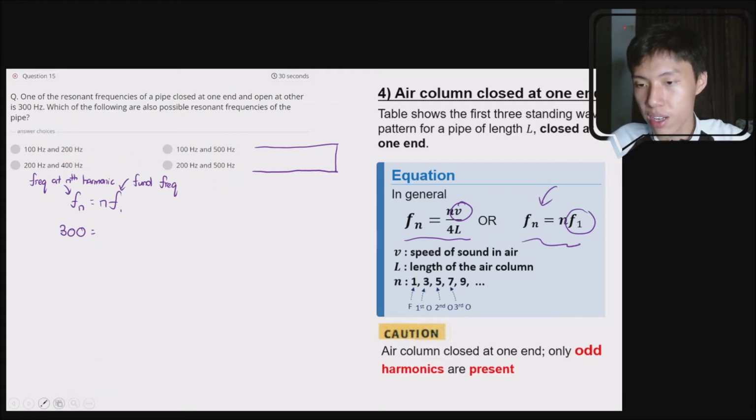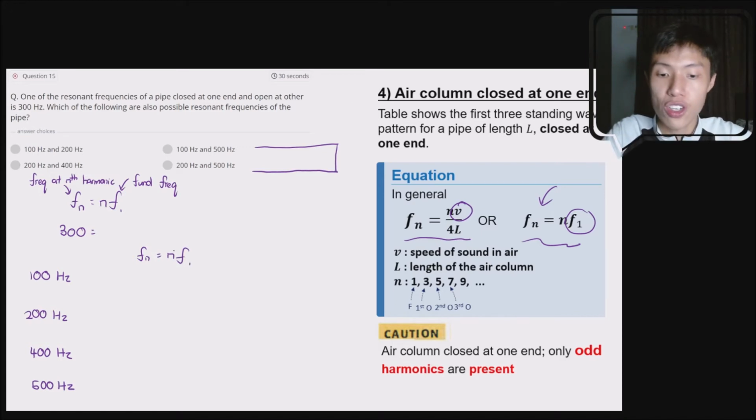So let's write it down. 100, 200, 400, and 500. Okay, so now we will try to construct the equation Fn equals n F1 to see whether it's able to produce an equation where n is either 1, 3, 5, 7, 9, 11, and so on.